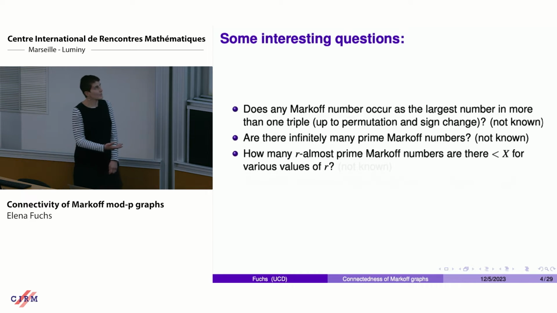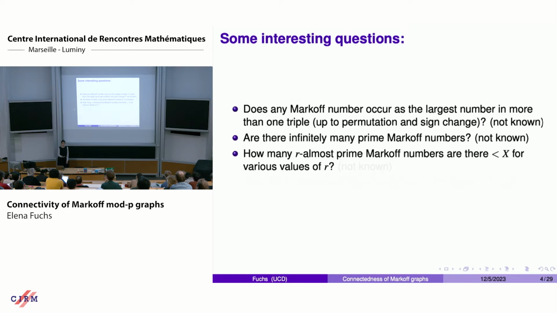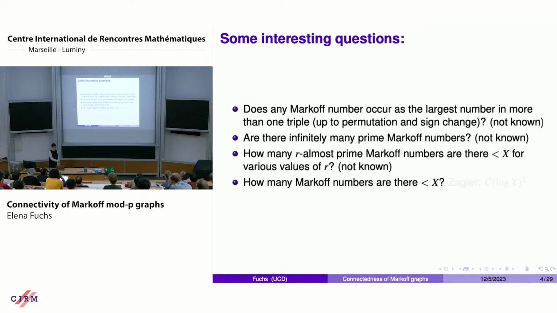R almost prime numbers are numbers with at most R prime factors, counting with multiplicity. Unfortunately, we also don't know if there are infinitely many R almost prime Markoff numbers for fixed R. And we can't say anything about how many less than x there are.